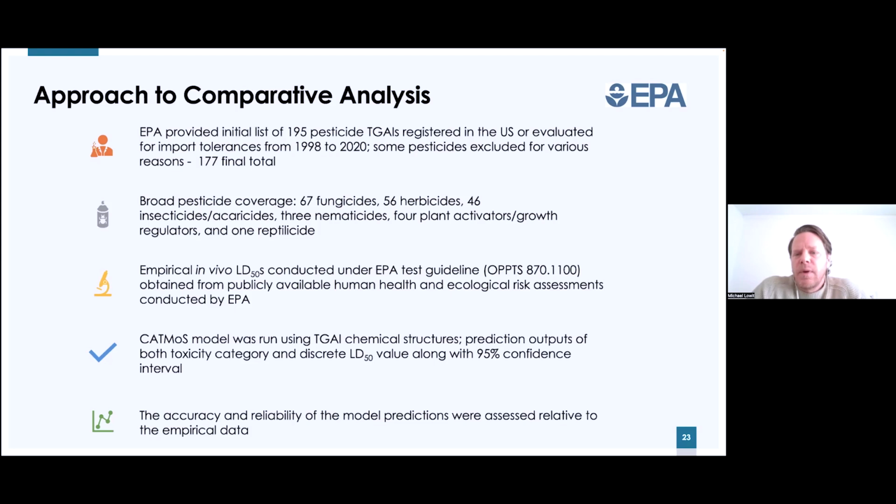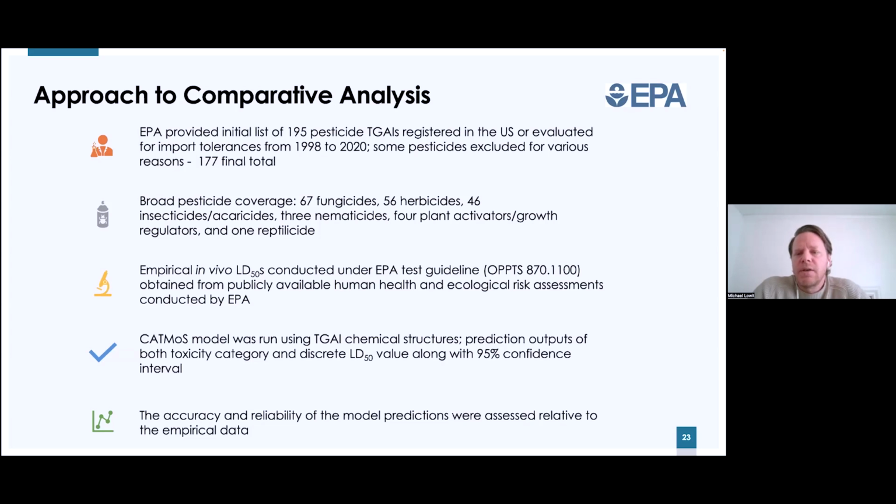So how did we do the comparison? We focused the analysis on conventional pesticides registered by EPA from 1998 to 2022, given that more recent chemistries are potentially more representative of future chemistries. We obtained the registrant submitted acute oral toxicity to rat data for the technical grade active ingredient of each of these chemicals.